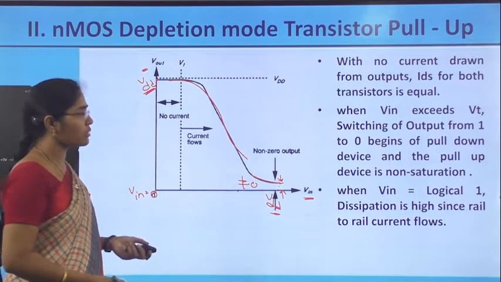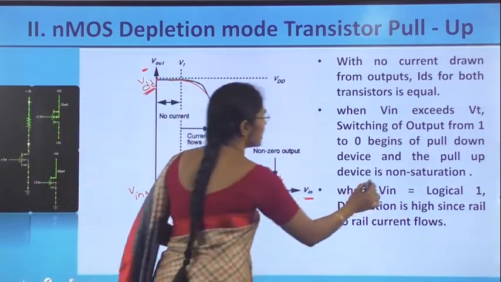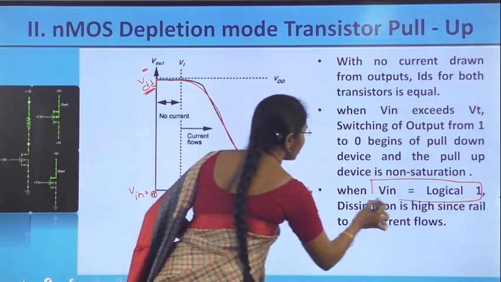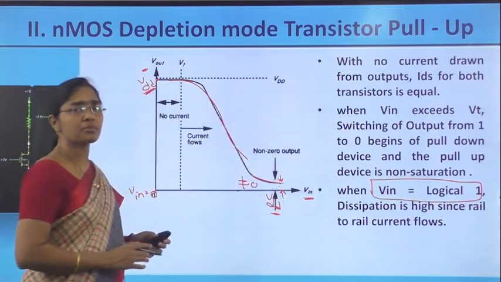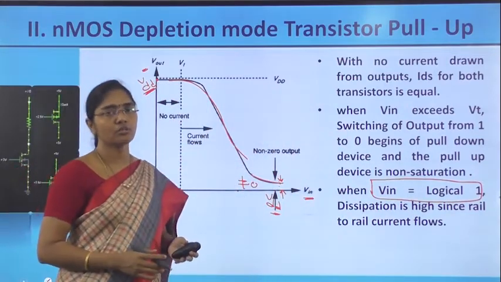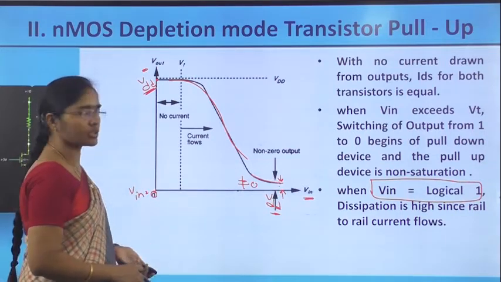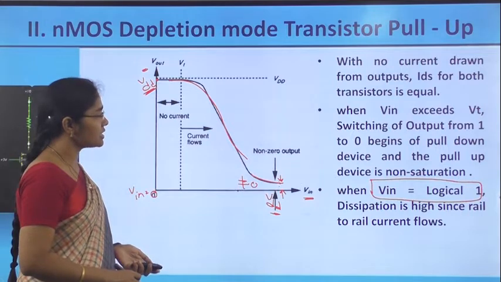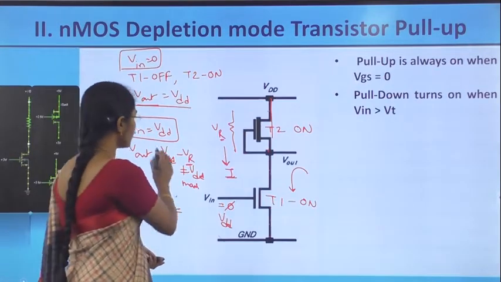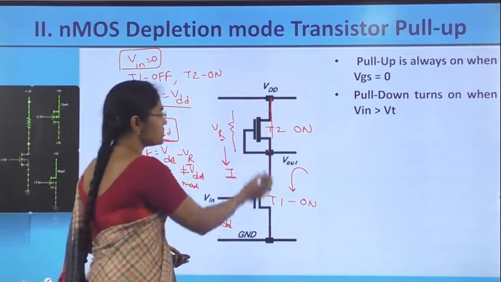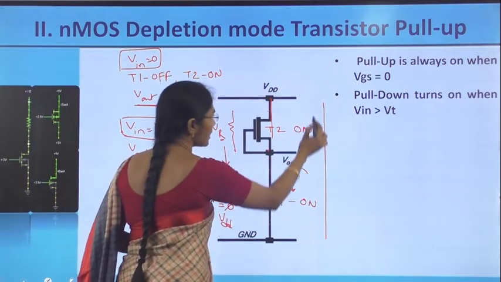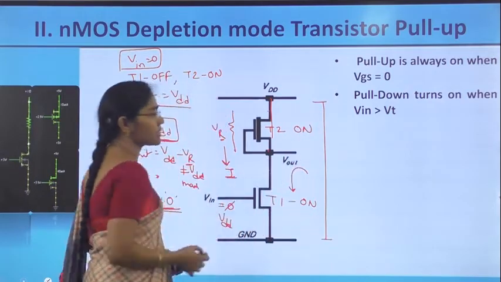And here one more problem is there. When Vin is equal to logical 1, the power dissipation is high in this circuit because there is a short path from VDD to ground. That means in this inverter, when Vin is equal to VDD, since these two are on, there is a short path between the two power supply rails.